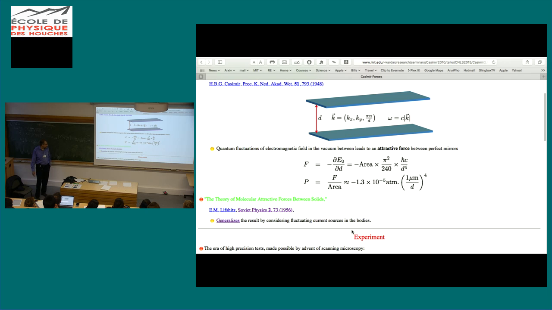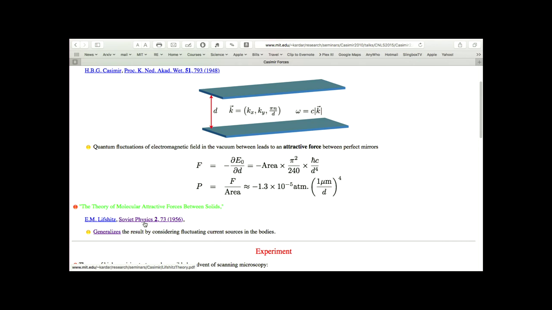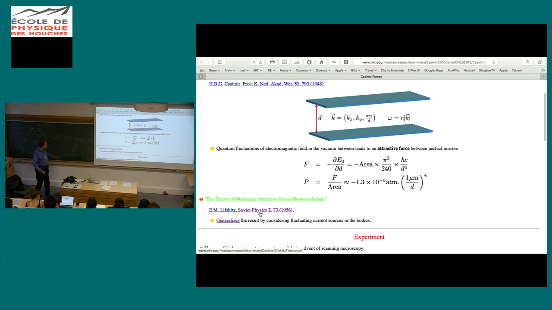Before going to the experiment, I noted that most of the results of experiments these days are performed not with ideal boundary conditions, which is what I calculated, but with actual metal plates that have some dielectric constant, through a formula given by Lifshitz that takes into account the actual dielectric properties of the material.